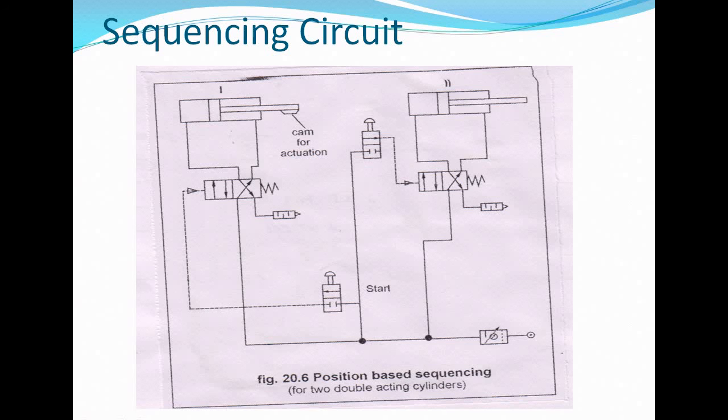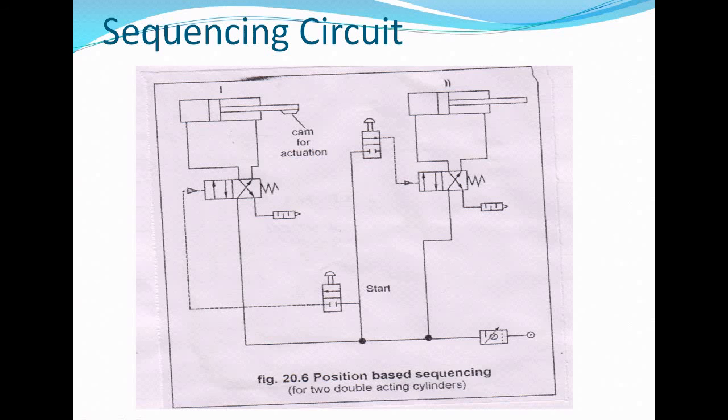Initially, when we start, the supply of pressurized air will come to this point, then it will go to this tubing, then this port to this end, and we will be having forward motion for cylinder B.